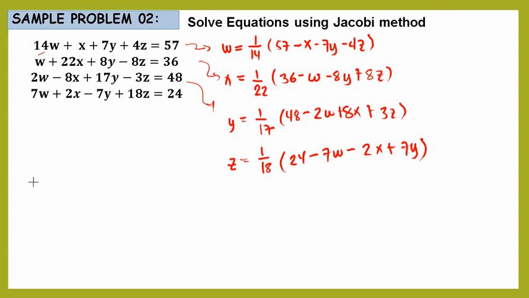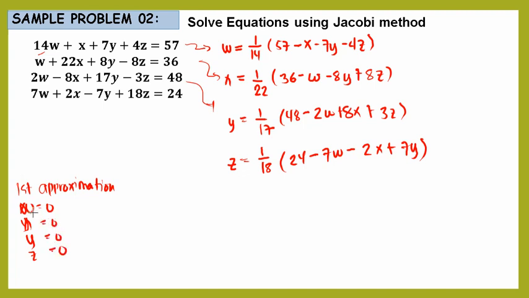So, yung first approximation natin, or yung first iteration natin, we assume that the value of w, x, y, and z is equal to 0.